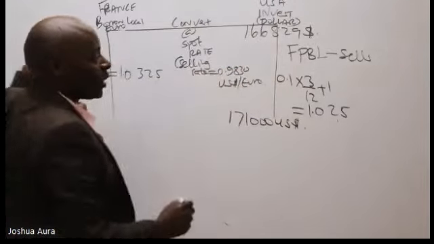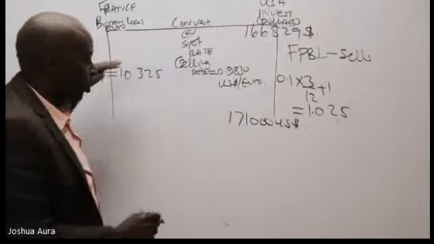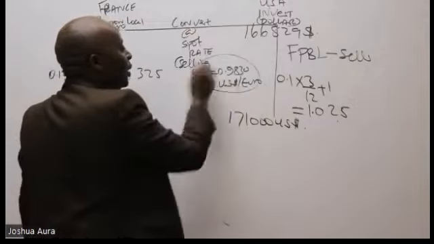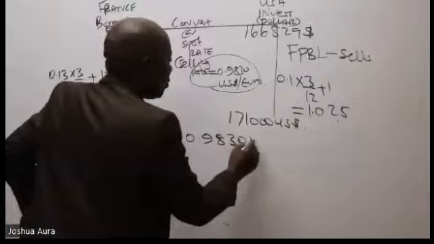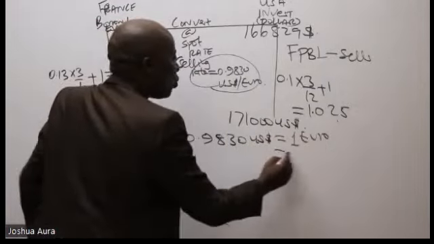So across, now we are using the exchange rate. Across, we are exchanging. When you're exchanging, we need this exchange rate. We know it is 0.9830 US dollar equals 1 euro.